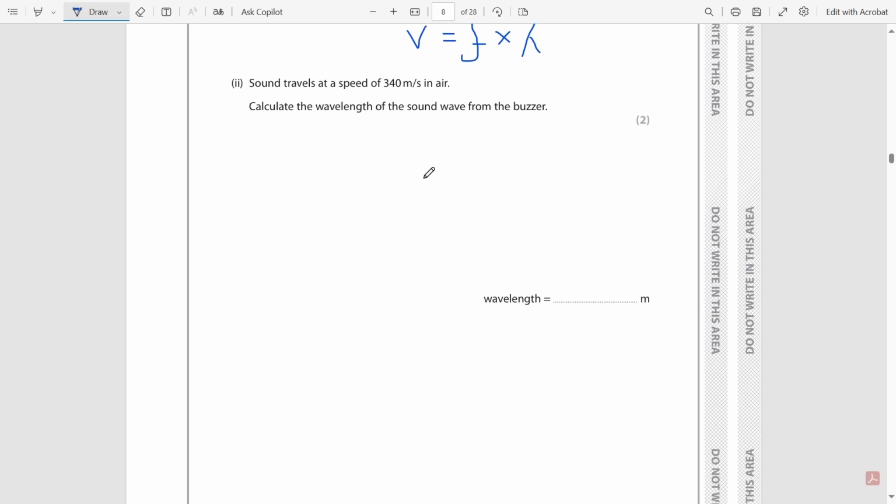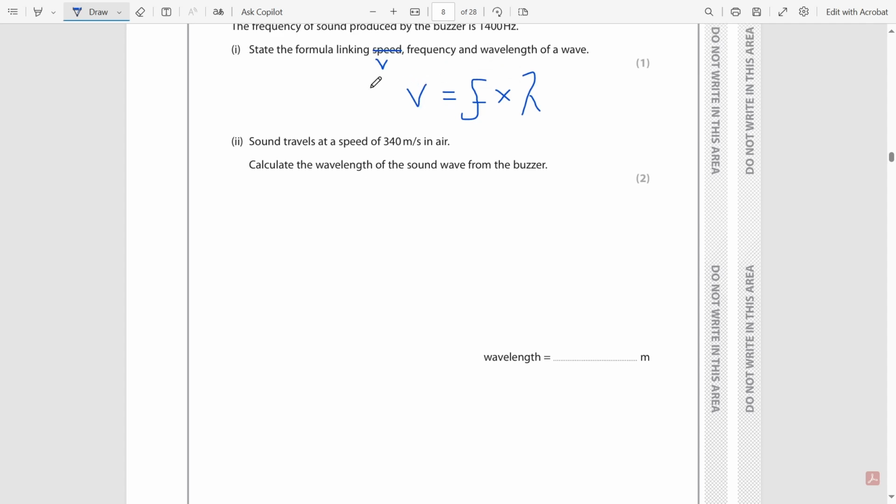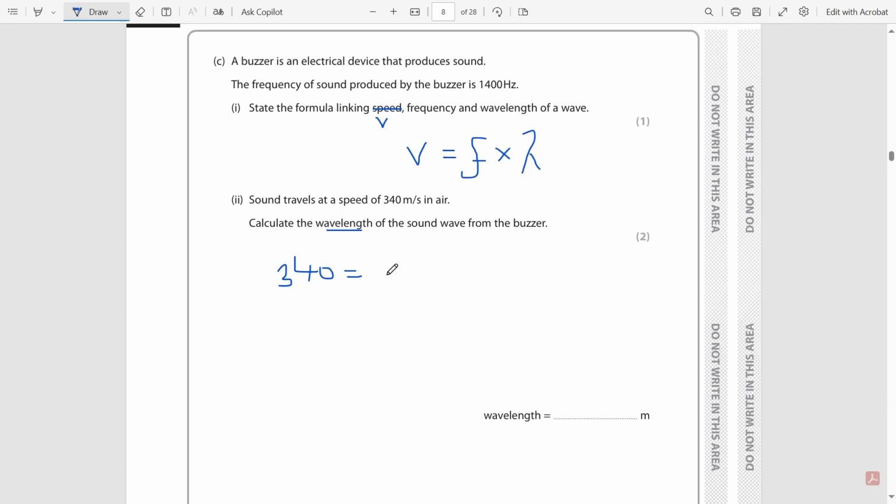Sound travels at a speed of 340 meters per second in air. There we go. So 340 equals, calculate the wavelength, 1,400 times lambda. Okay, so now what we're going to do, guys, is we're going to have 340 over 1,400.